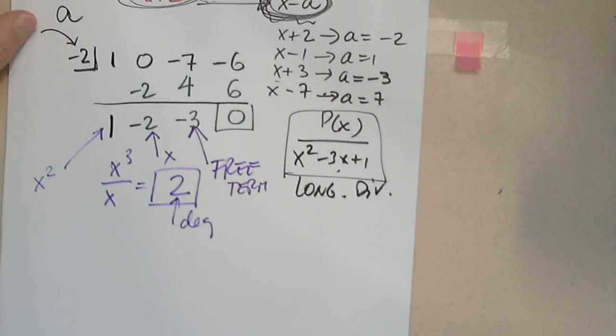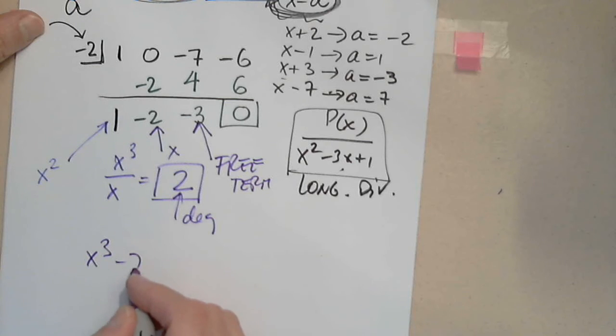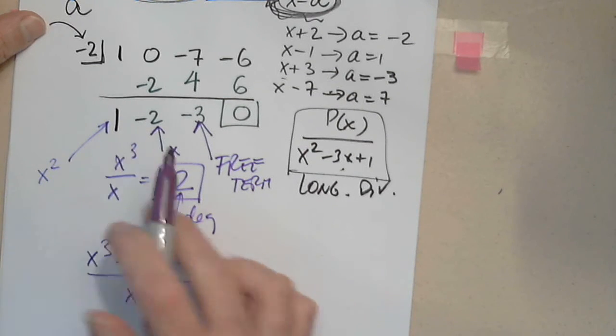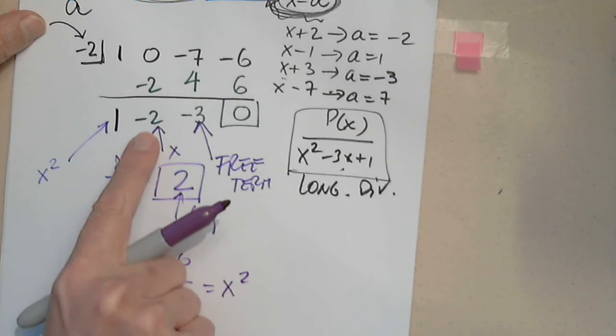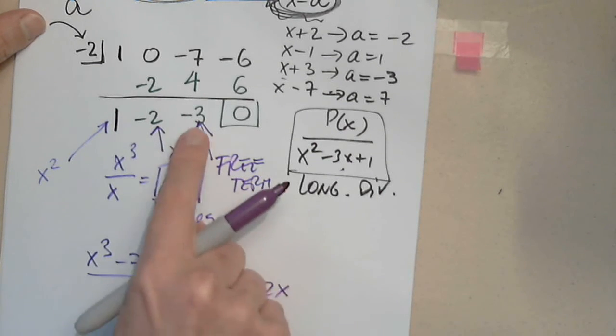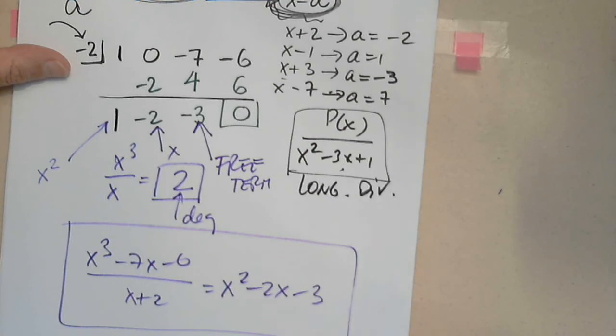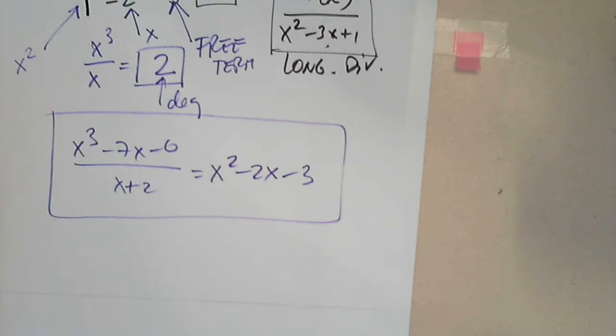So then the answer of the division, x to the third minus 7x minus 6 over x plus 2, is x squared with 1 in front, x with negative 2 in front, and negative 3. And there is no remainder. It's a very simple procedure, but it has limited applicability, however.